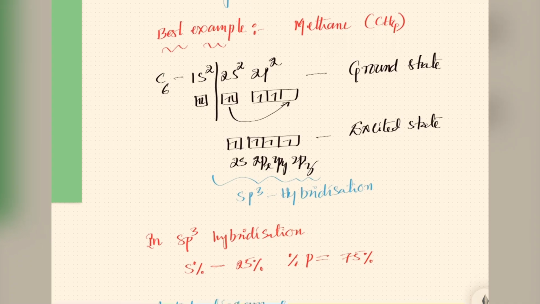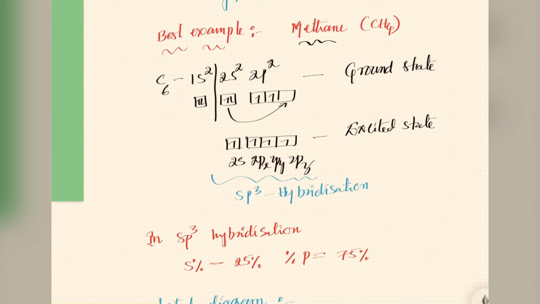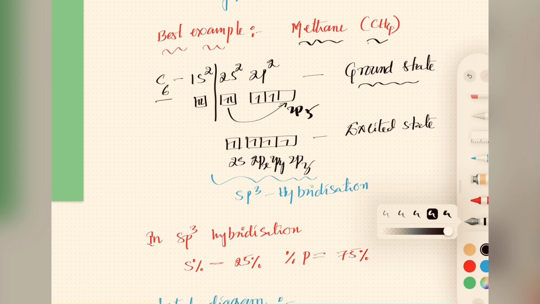So the best example for this, I took here methane, CH4. Carbon atomic number 6, electronic configuration 1s2, 2s2, 2p2. This is the ground state, right? In the excited state, the 2s electron is promoted to the 2pz orbital. Clear? So like this we can see, after promotion of this electron, what happened?